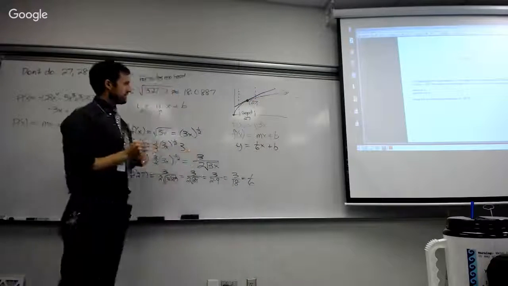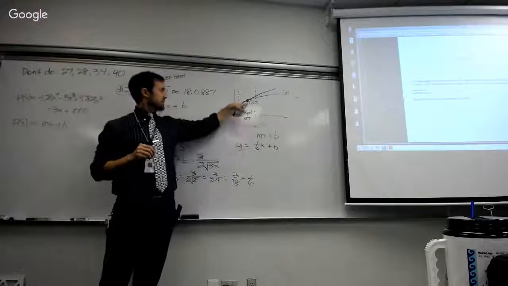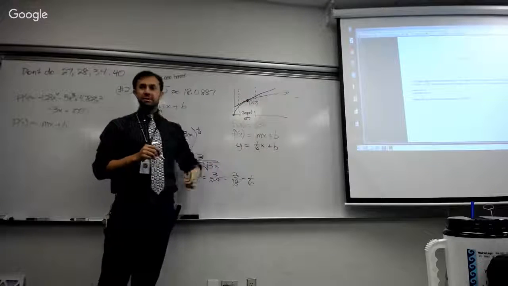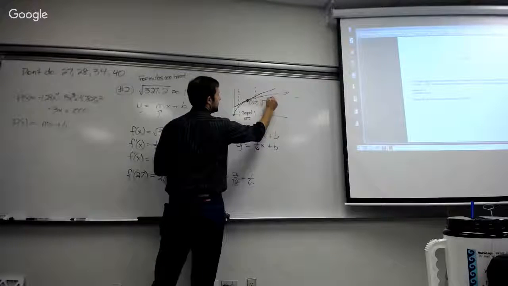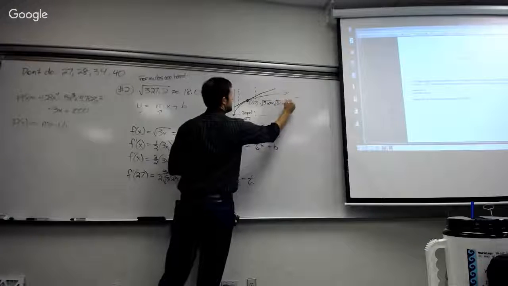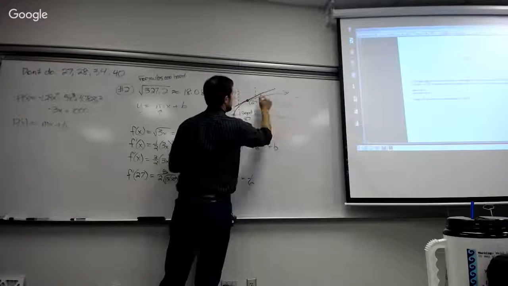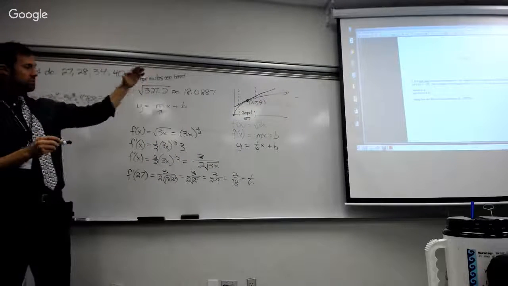What's the y value? The square root of 3 times 27. That's the actual coordinate of the original square root graph. So what is 3 times 27 and then square root of? 9. It's the square root of 81, which is 9. So the coordinate right there is 27, 9. That's the coordinate that we're looking at on our square root graph.